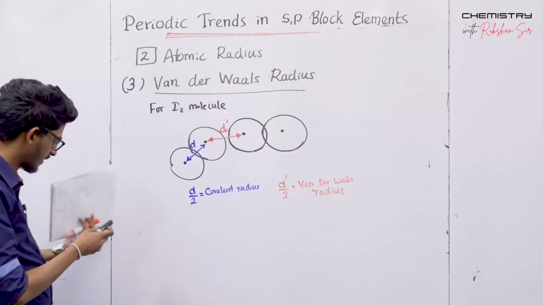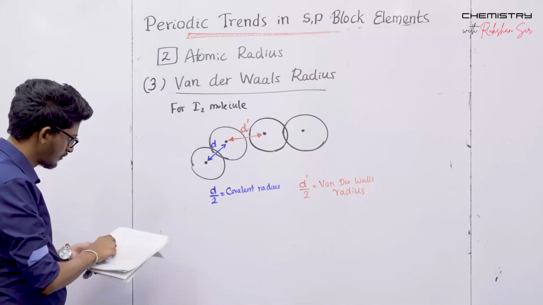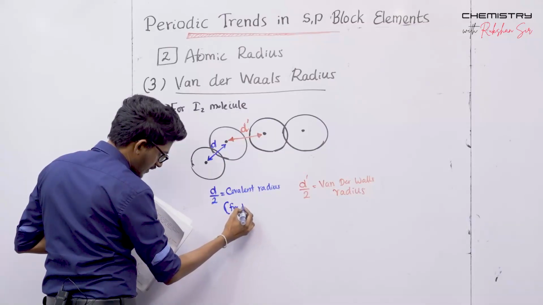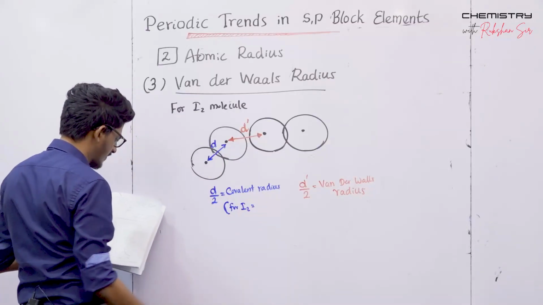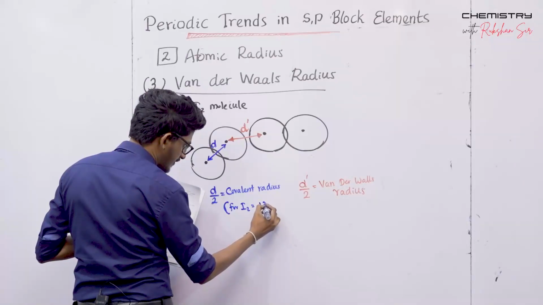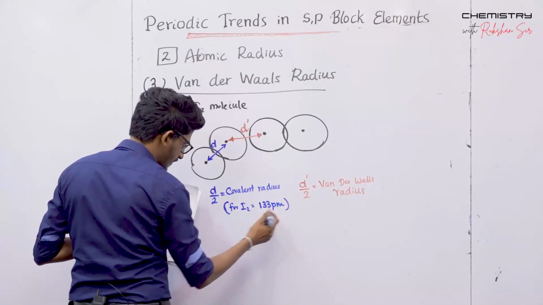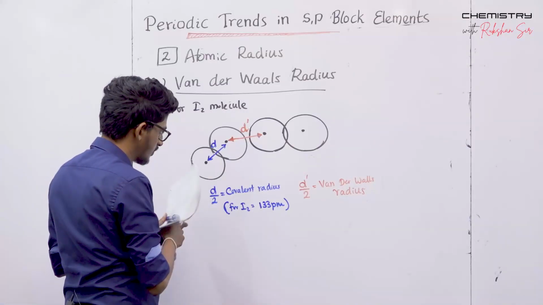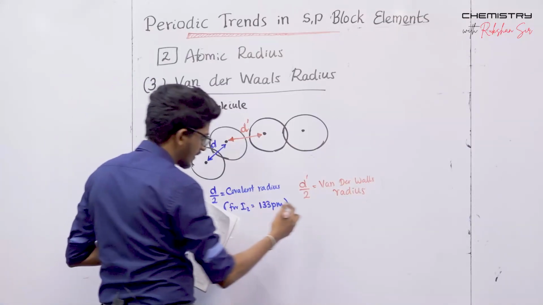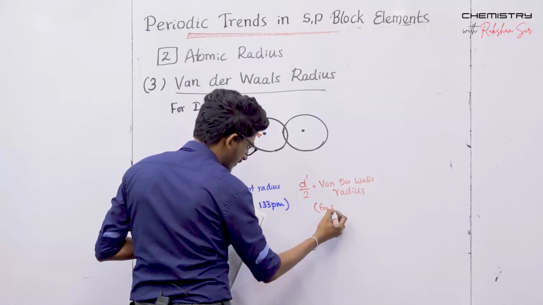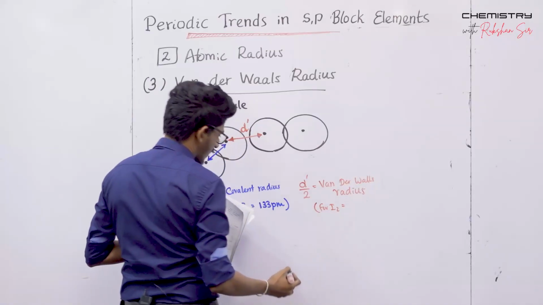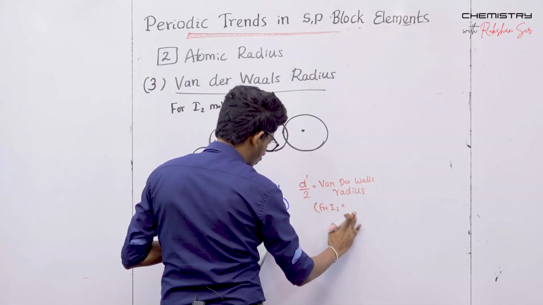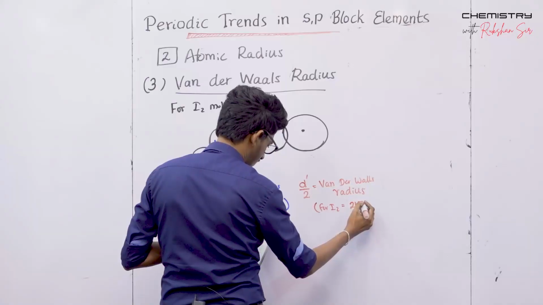So I'll write this in here if you need. For I2, the covalent radius value is given as 133 picometers. For I2, the Van der Waals radius value is given as actually 215 picometers.